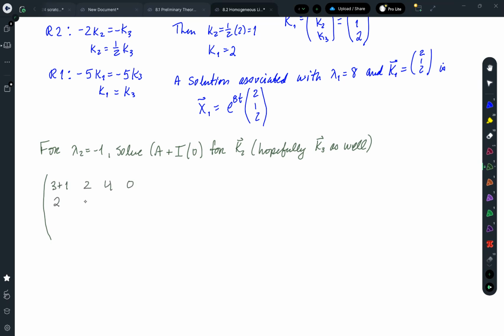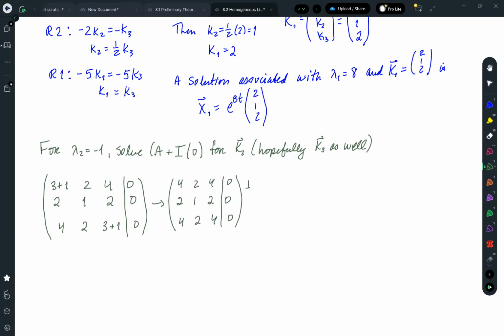We have a 2, negative lambda, so there'll be negative of a -1, that's just 1, and then 2, 0. And then we have 4, 2, and then 3 minus a -1, that's 3 plus 1, set equal to 0. When we rewrite this, it becomes 4, 2, 4, 0, 2, 1, 2, 0, and 4, 2, 4, 0.